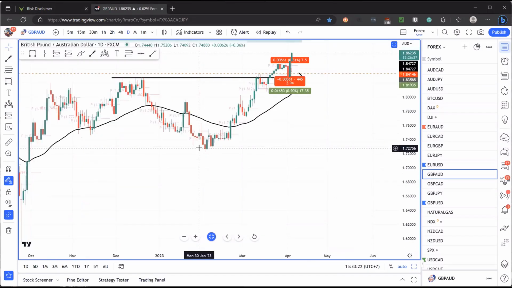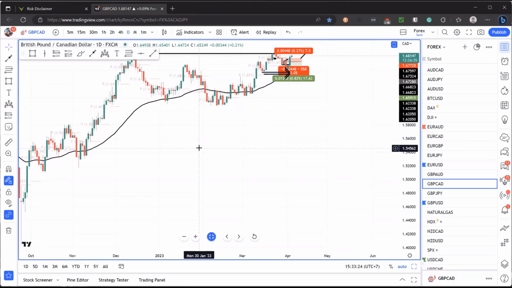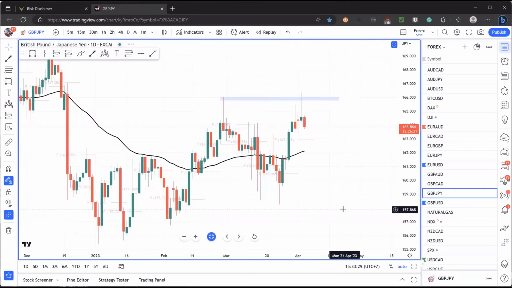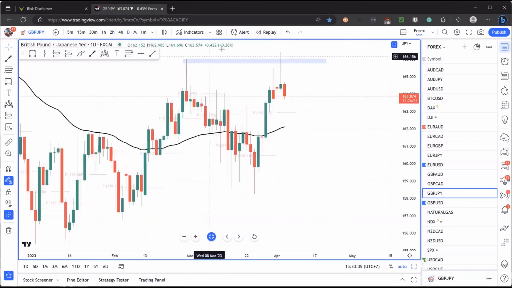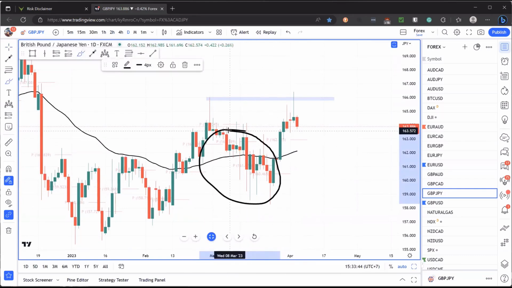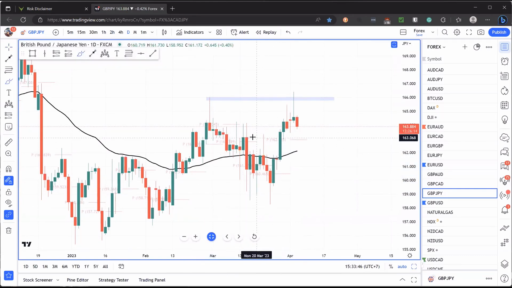Anything else that you are watching? Yeah, that's not too bad. What I don't like about those, you have the crazy wick here, very strong rejection at the highs, but you would be trading right into this, very noisy.